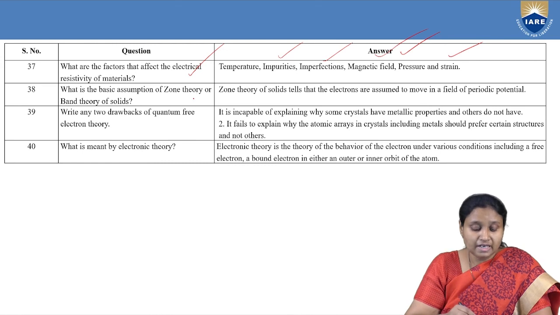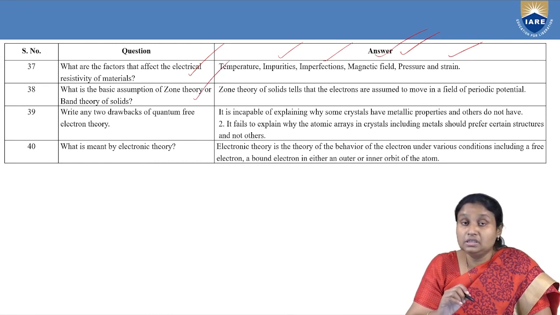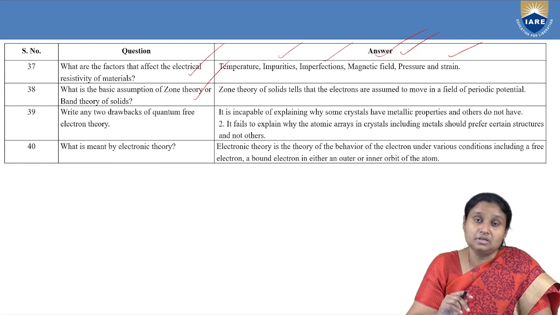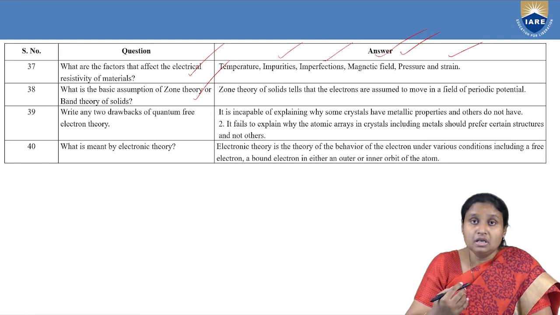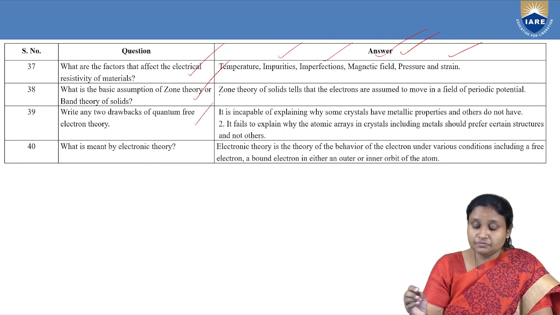Now next, talking about the basic assumptions of zone theory. Zone theory talks about potential barriers, and it also talks about electrons moving in a periodic potential, where those potential boxes are separated by potential barriers. Then what are the drawbacks of quantum free electron theory?